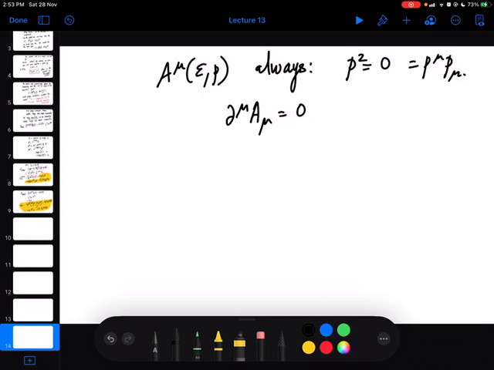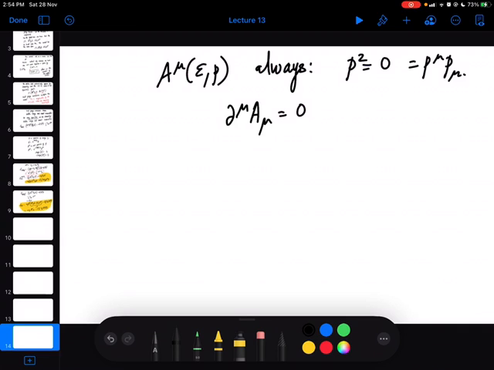This comes from the fact that you can choose a gauge transformation in such a way that the inner product of the momentum and the photon field always goes to 0.